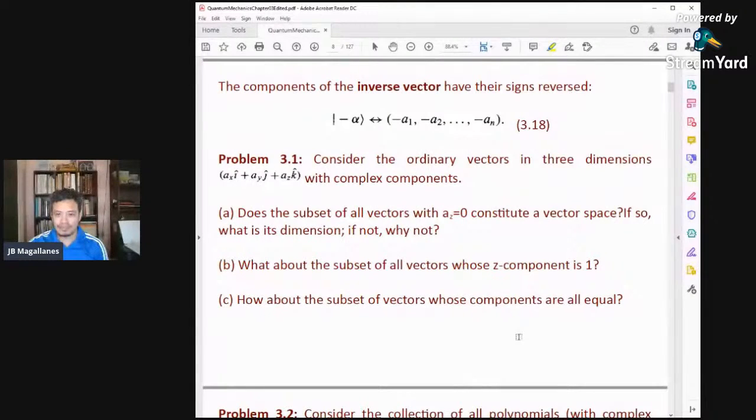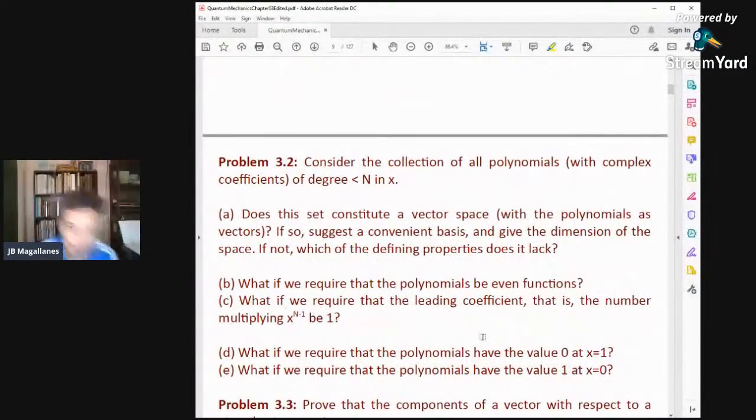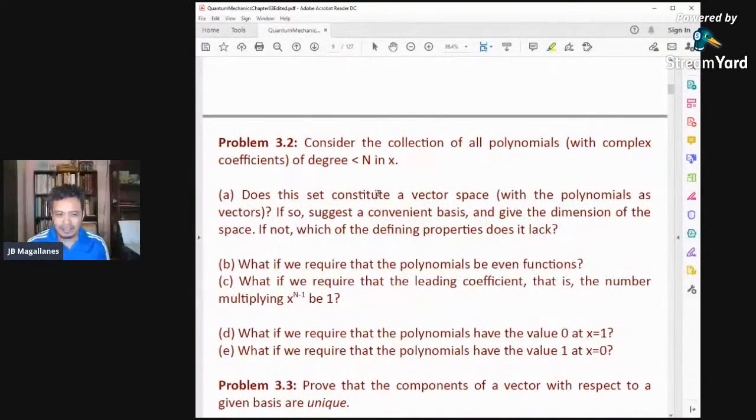So you can explore that on your own. Here, this problem: consider the collection of all polynomials with complex coefficients of degree less than n in x. So this is like x to the 0, x to the 1, x squared, x cubed, x to the 4th, x to the 5th.